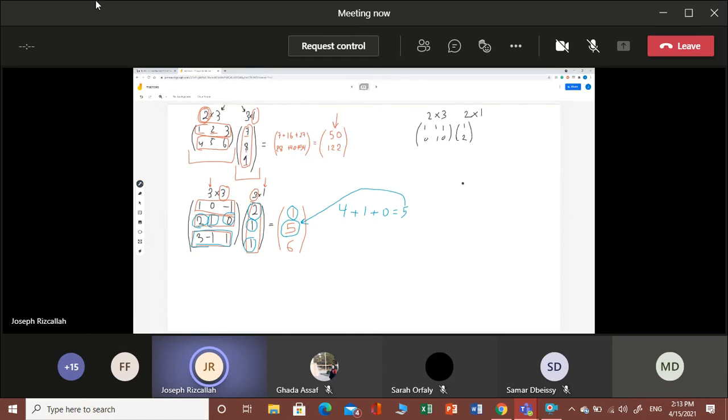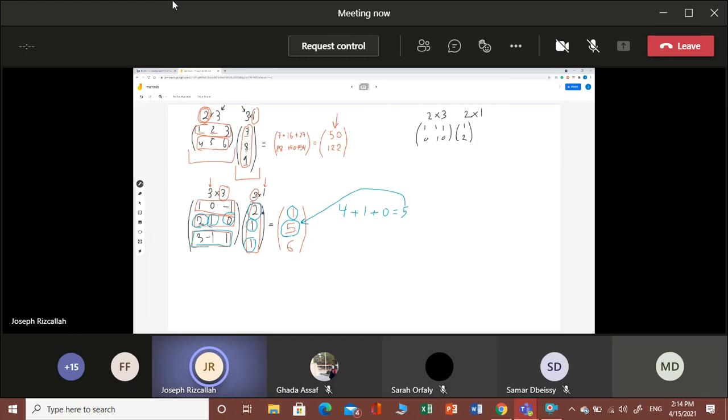I think you said no, right? Yes, since the number of rows doesn't equal the number of columns. Yes, absolutely right. If you try to do the multiplication, you take the first row here and begin it with the column here.